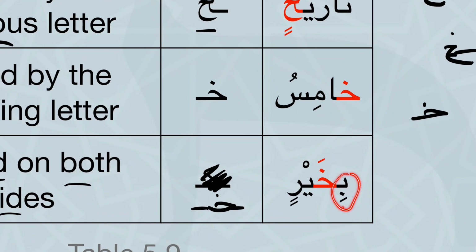The kha has fatha, so it's bikha. And the ya here has a sukoon, so it does not indicate any long vowel. Why? Because the letter before it has a fatha, not a kasra. So we treat the ya as a consonant, the ay sound. And the ra has tanween kasra.